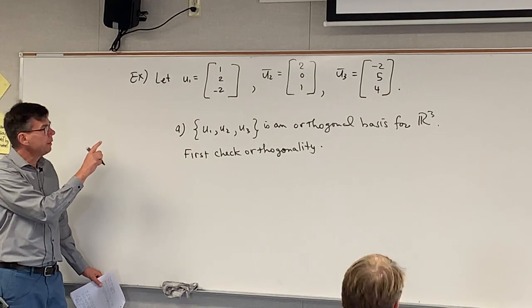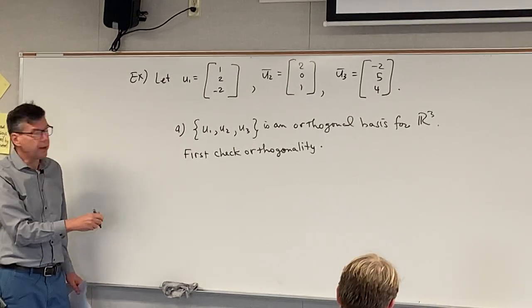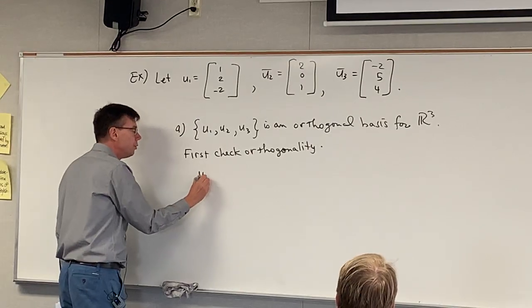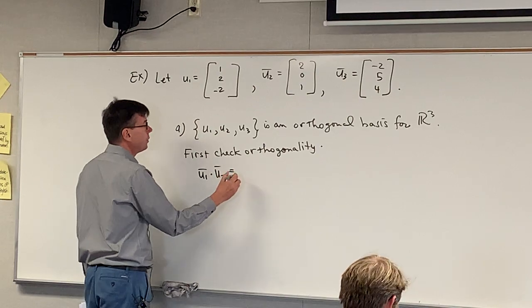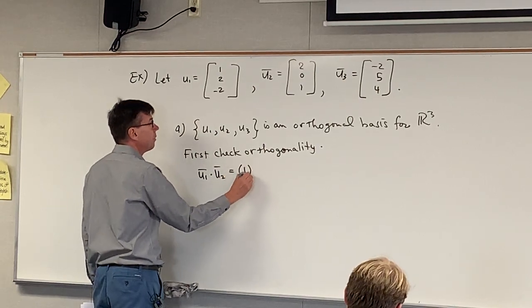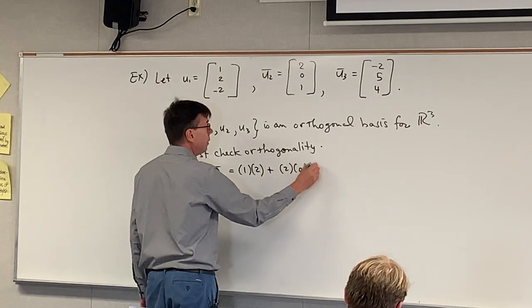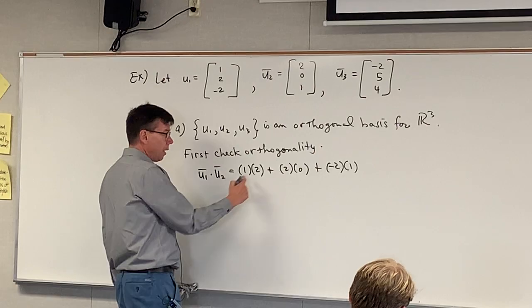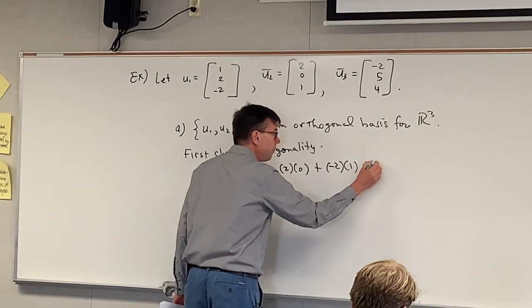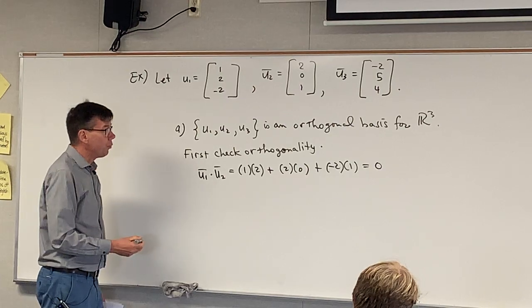I'm going to take the dot products of each one of these with all the others. So u1 dotted with u2, what's that equal to? And I'm just going to write this one out in detail. 1 times 2 plus 2 times 0 plus negative 2 times 1. You can think about that for a little bit. That's 0.